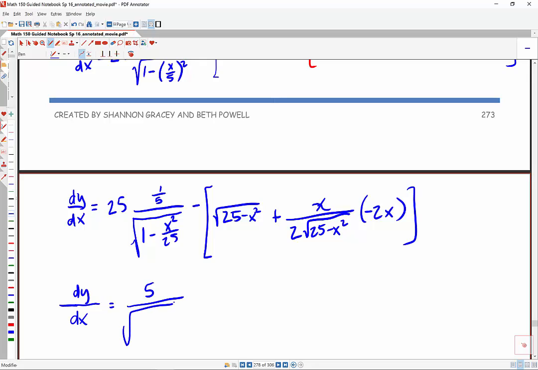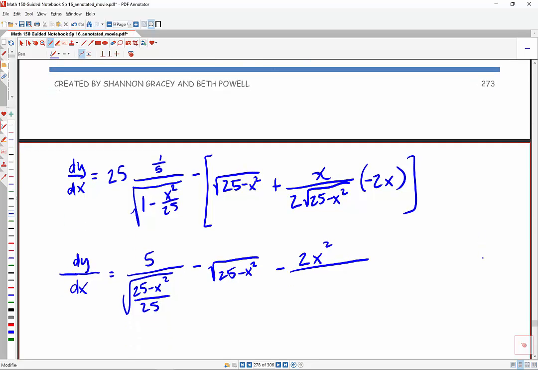Then we'll have minus root 25 minus x squared, and then we'll have minus 2x squared over 2, just x squared, because the 2's will divide out. So I'll have x squared over root 25 minus x squared.